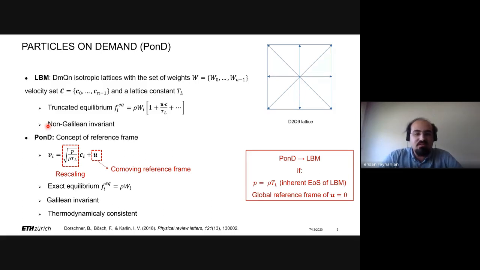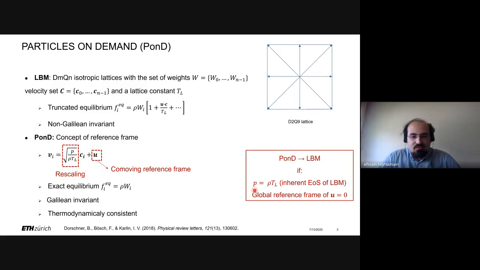However, in the context of particles on demand, or what we call POND, we talk about reference frames. The conventional discrete velocities, or the peculiar velocities here, are realized as the relative velocities with respect to the imposed reference frames. So what we do here is that first, the conventional velocities are rescaled by the local information from the pressure and density field, and then they are shifted with the local velocity of the flow.